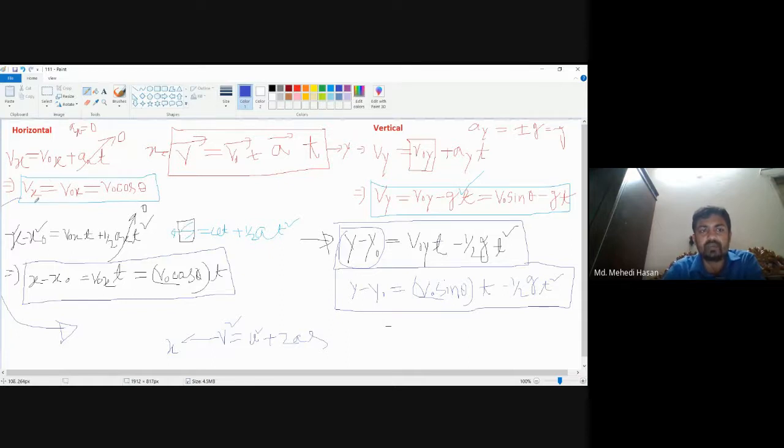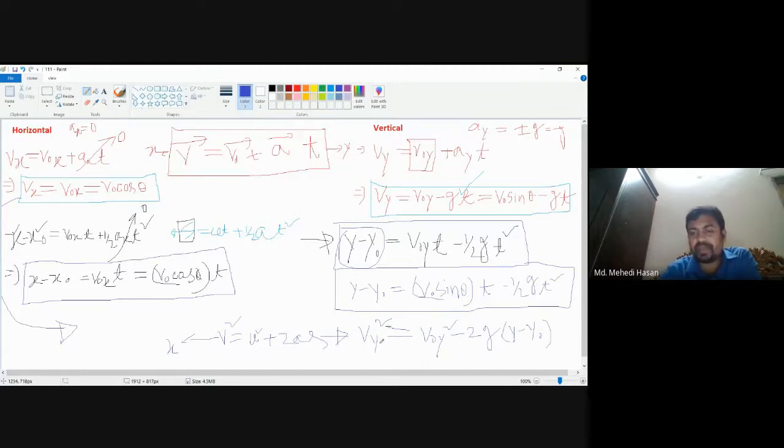That means vx equal to v naught x equal to v naught cos theta, and x minus x naught equal to v naught x t, or equal to v naught cos theta into t. So these are the two equations horizontally. But there is a y component of this equation, which is vy square is equal to v naught y square minus 2g into y minus y naught.